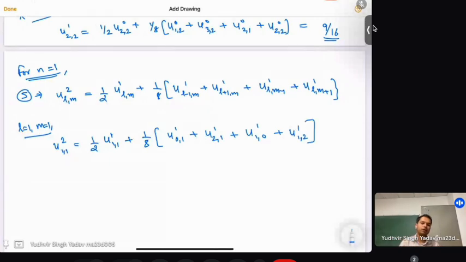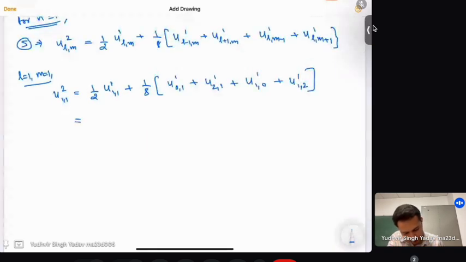So here we are finding at the second time step, and we already know the values at the time step n equals 0, that is the first time step, and we will use the previously obtained values in order to obtain the values of the next time step, that is n equals 1.